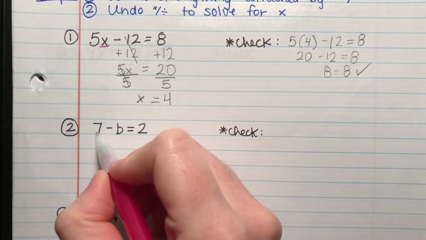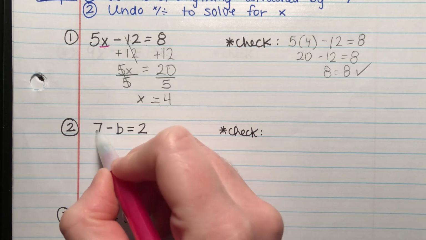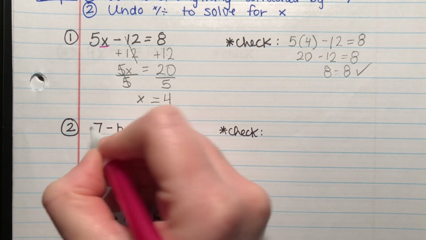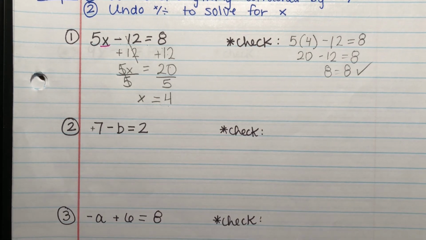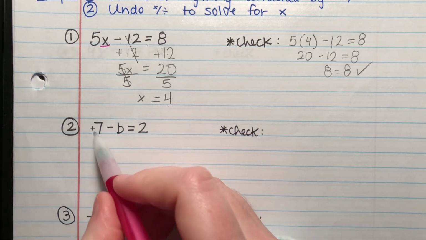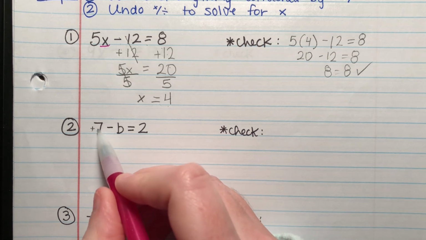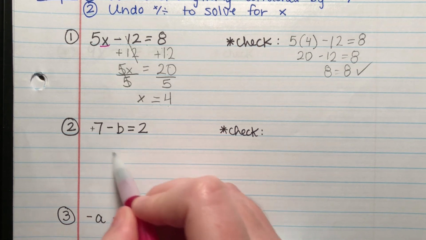But this is not a negative 7. It's actually a positive 7. Even though there was no sign in front of it, if there's no negative sign, we're always going to assume that it's positive. So since this is a plus 7 here, how can I get rid of the 7 or move it to the other side?